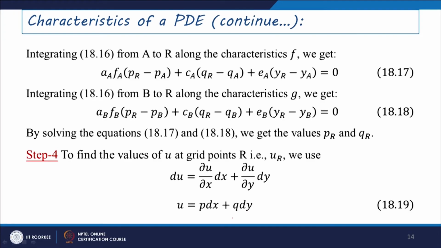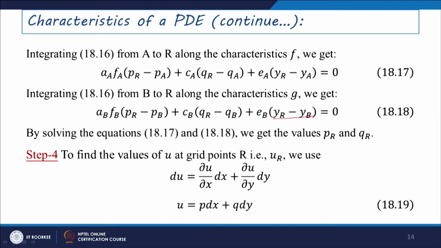And similarly, if we integrate this equation 18.16 from B to R along the characteristics curve G, we get ab, fb into pr minus pb plus cb into qr minus qb plus eb into yr minus yb. Same way, just the point has changed. So, by solving these two equations, 18.17 and 18.18, we get the values of pr and qr.